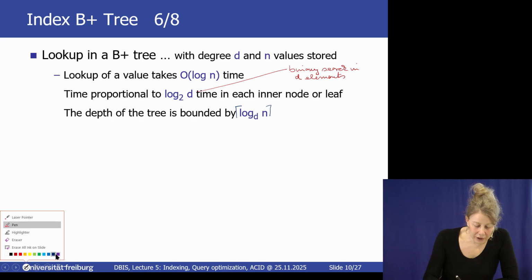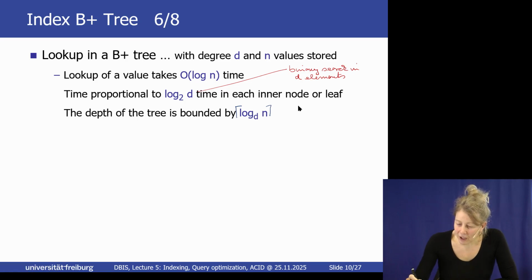And let's just do a little math here. If I multiply the two: I have log n over log d as the depth, and I do something for every level. For every level, I have log 2d, that is, log d over log 2. I hope you know your logarithm laws: that's log n over log d times log d over log 2.